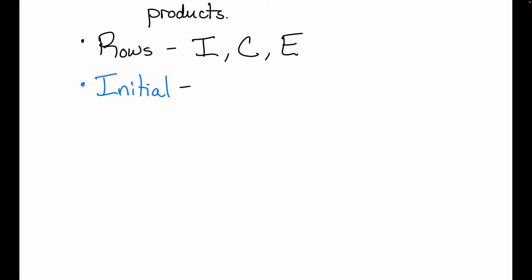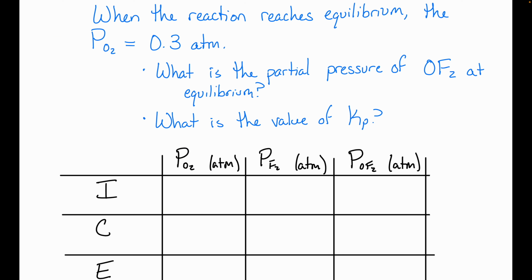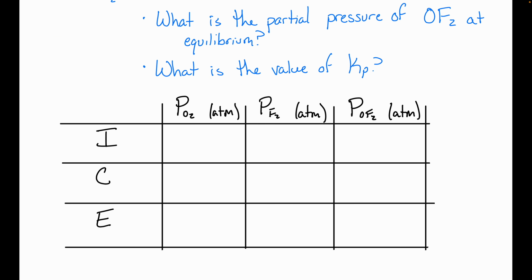All right, in this box, we're going to put the initial amount of our reactants and products. Okay, so again, back to our table. I stands for initial.